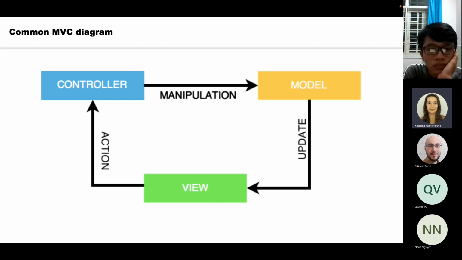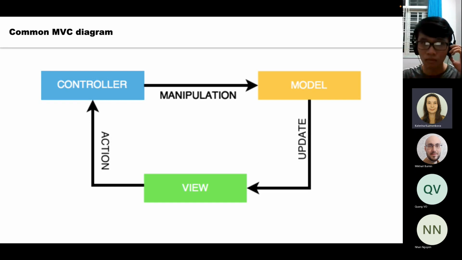It was first introduced in 1976 in the Smalltalk programming language. In Model View Controller, each component is built to handle a specific development aspect of an application. It is one of the most used web development frameworks to create scalable projects.